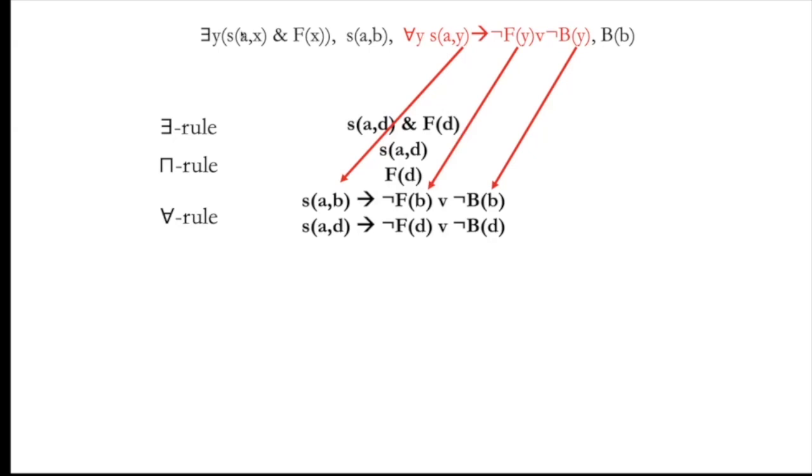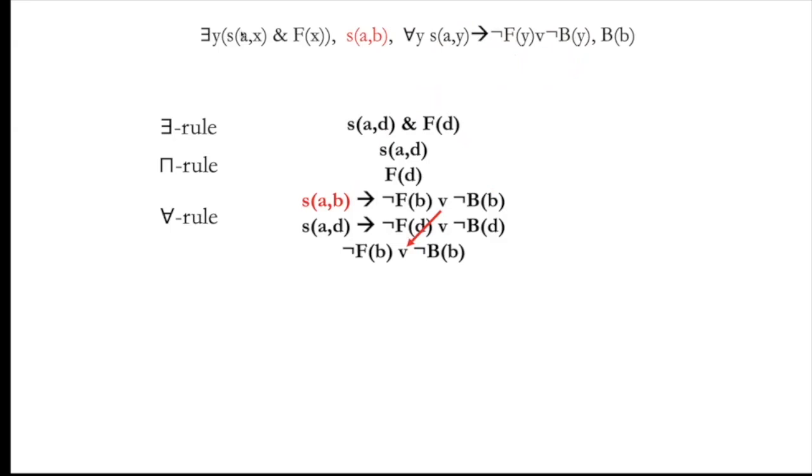And in this case, I picked B first and I picked D second for a reason. I did it twice, and that was because I have SAD there. And remember what I said: if you have the first part of the line, if you have this SAB, which I have up here, as the antecedent of the thing before this arrow, then I can infer the thing that follows the arrow.